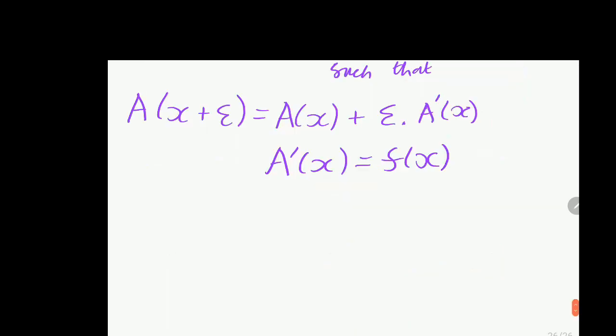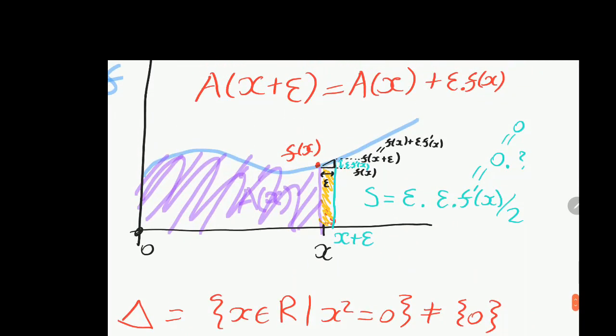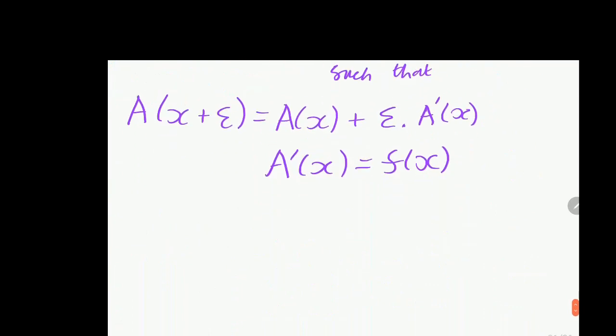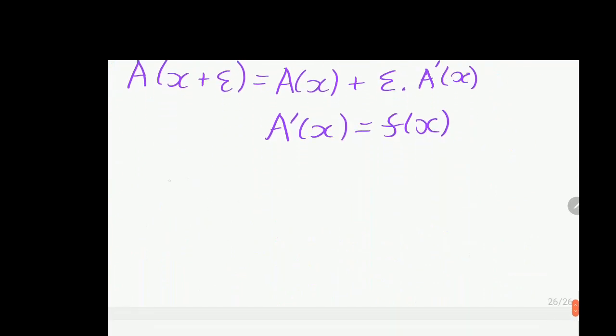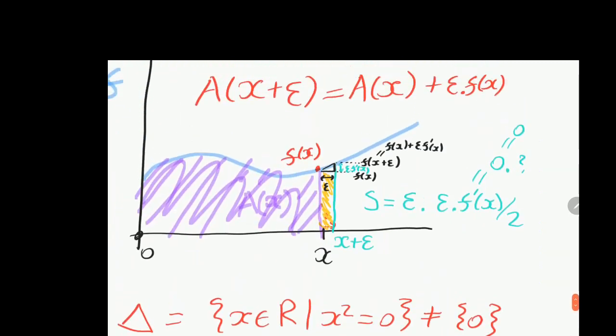And so basically what we've done now is we've derived two important aspects of this function A of x giving us the area under the curve. One of them is that the derivative of A of x is going to equal f of x, and the other one is that A of 0 is going to equal 0. Okay, the area under our curve from 0 to 0 is just nothing.